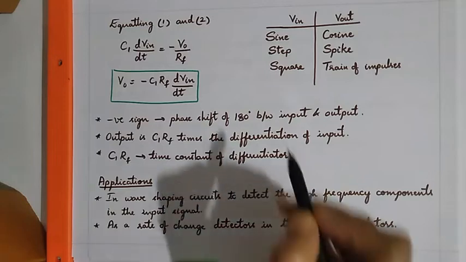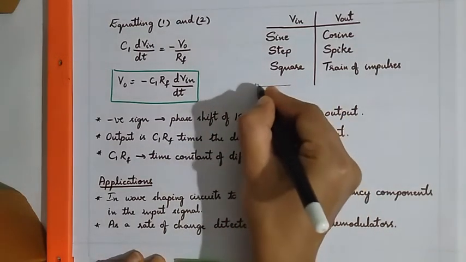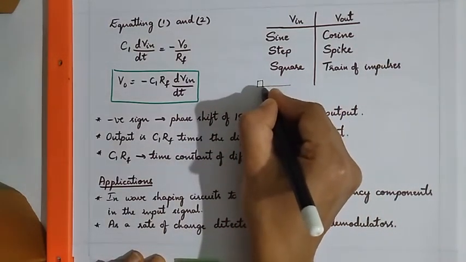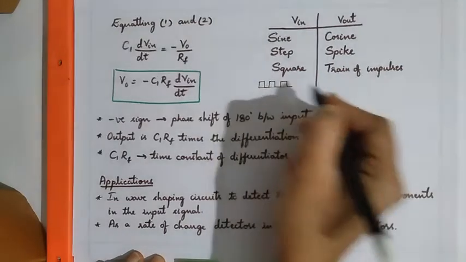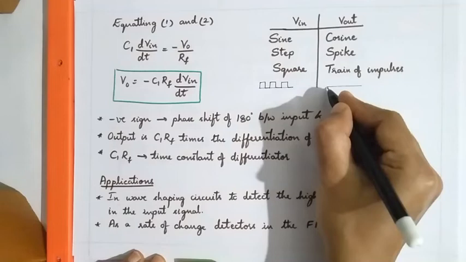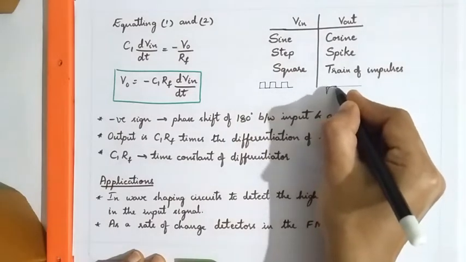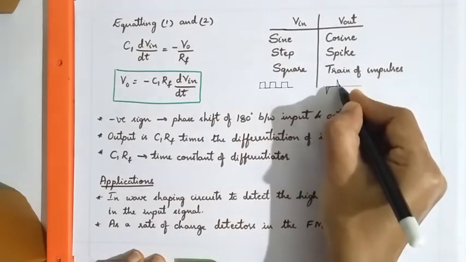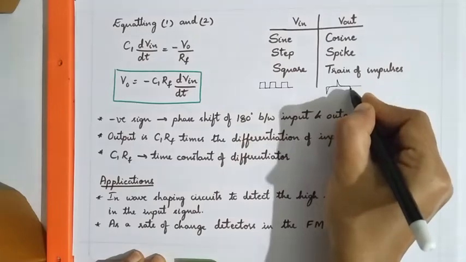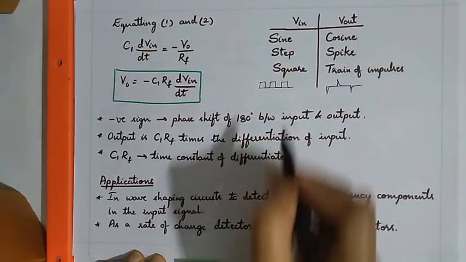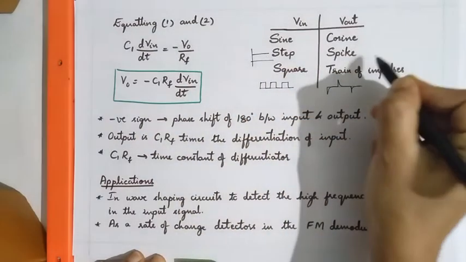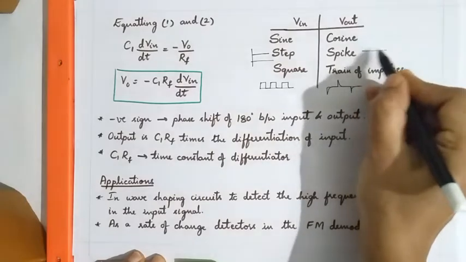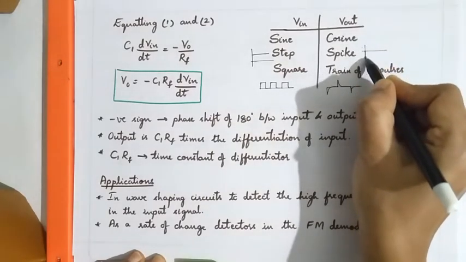If the input is a square wave like this, then the output would be like this, a train of impulses. And for a step, if the input voltage is just like this, then the output would be a negative spike.